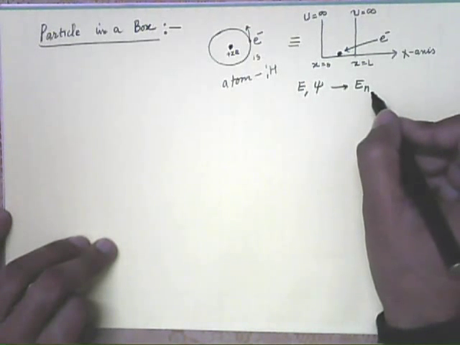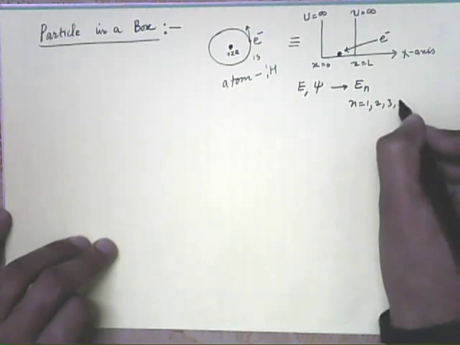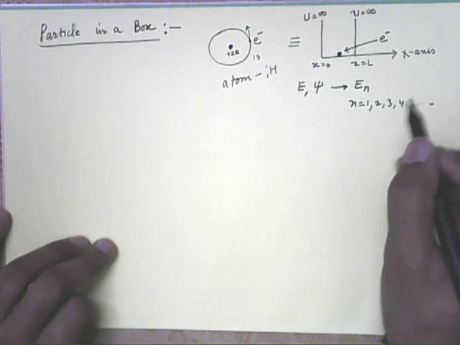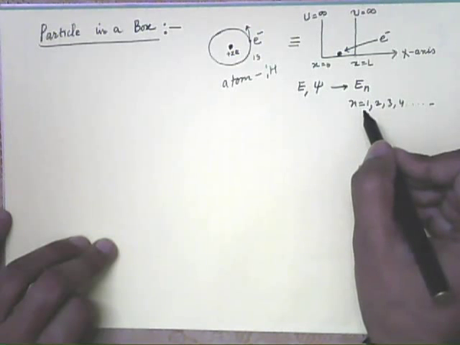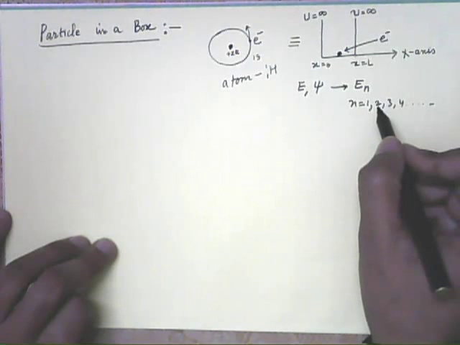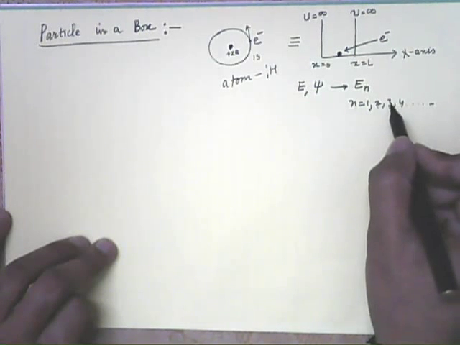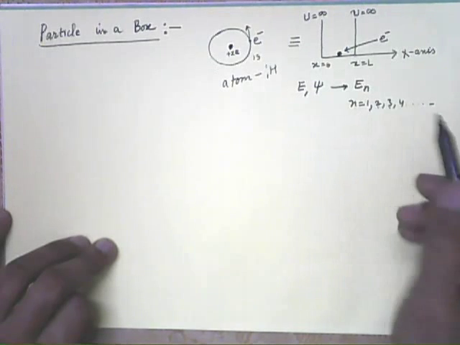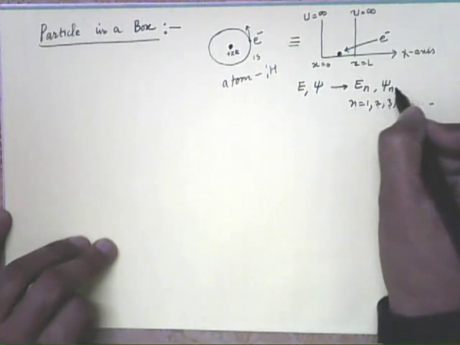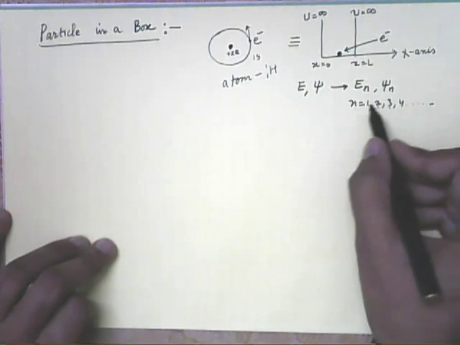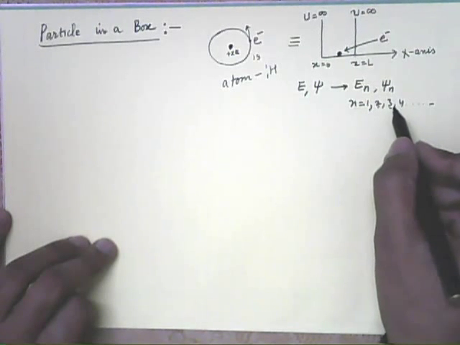The energy of any state n, where n is equal to 1, 2, 3, 4 and so on. n equal to 1 corresponds to the ground state energy, n equal to 2 corresponds to the first excited state, n equal to 3 corresponds to the second excited state, and similarly psi n, the wave function corresponding to the ground state, first excited state and second excited state.